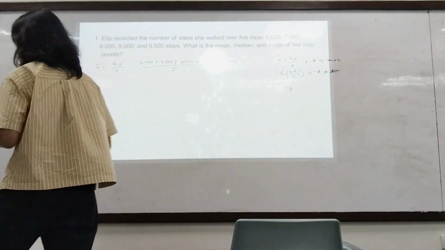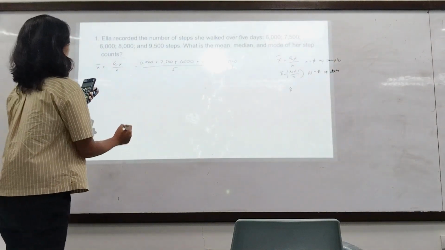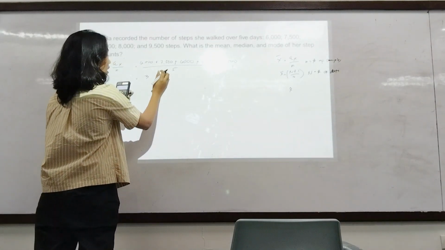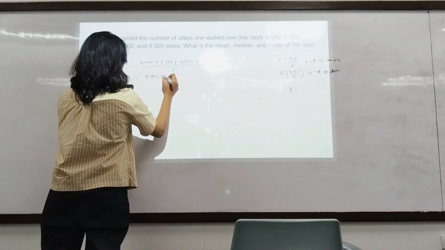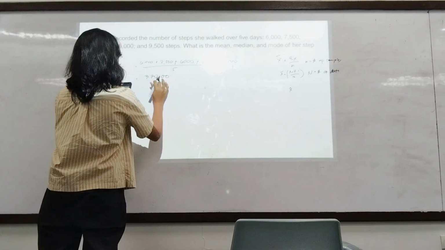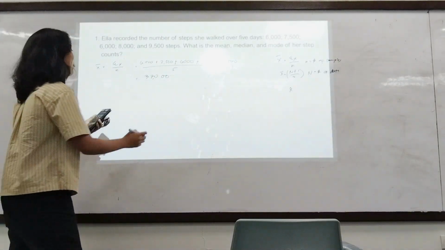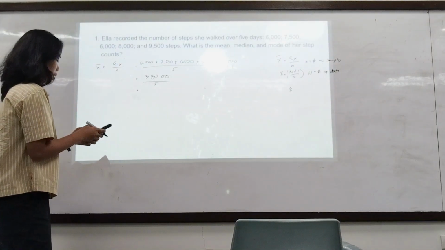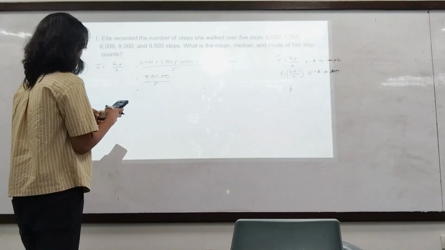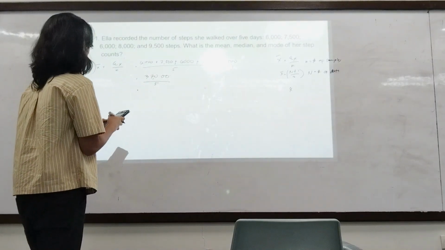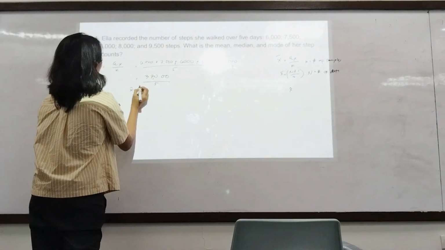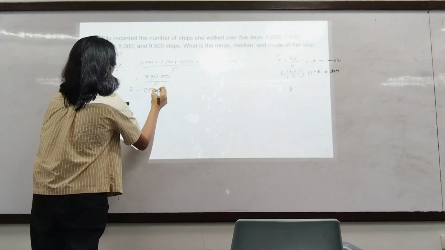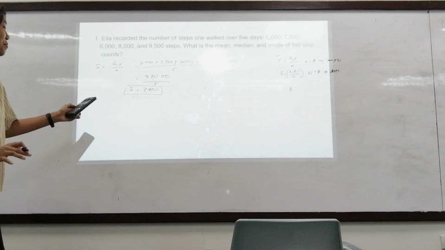The answer for this is 37,000, over 5. So the mean for example number 1 is 7,400. Alright, so that's the mean.